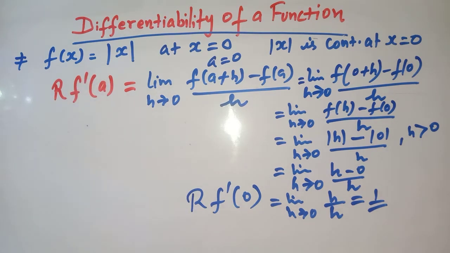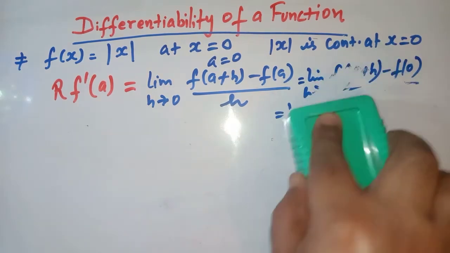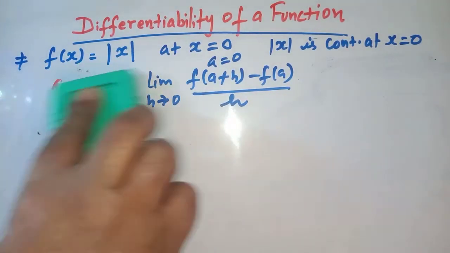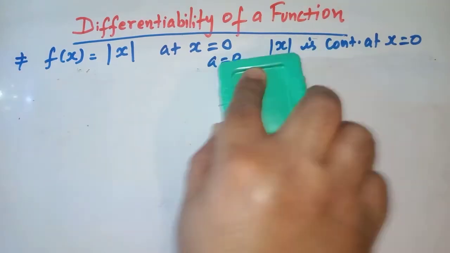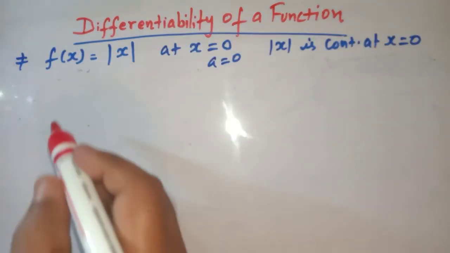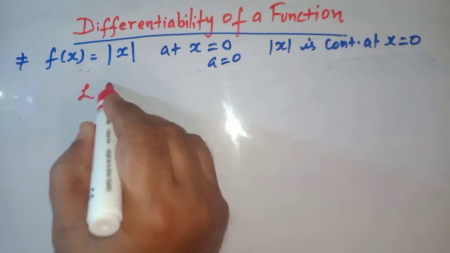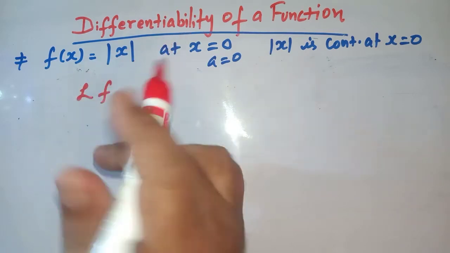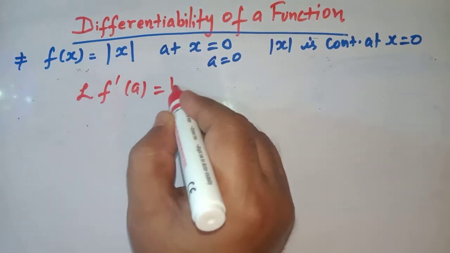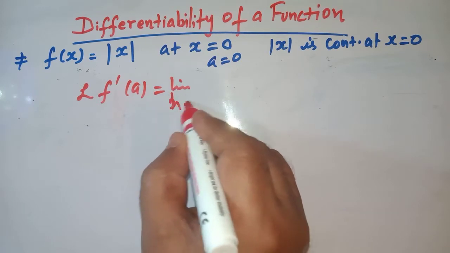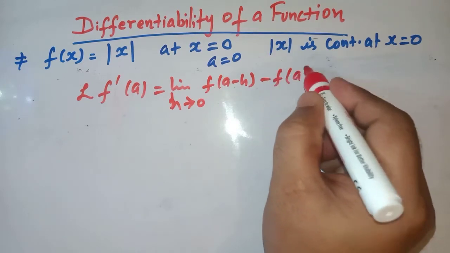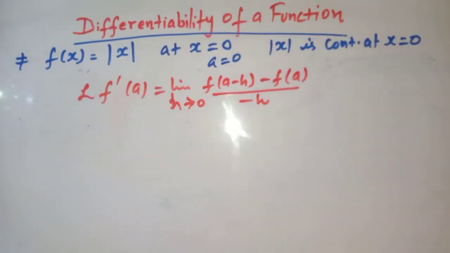Clear? So now we define the left hand derivative: f prime of a is equal to limit h tends to 0 of f of a minus h minus f of a over minus h.